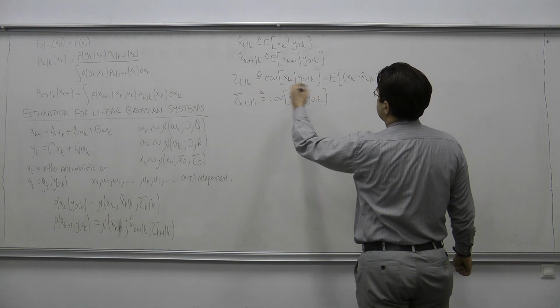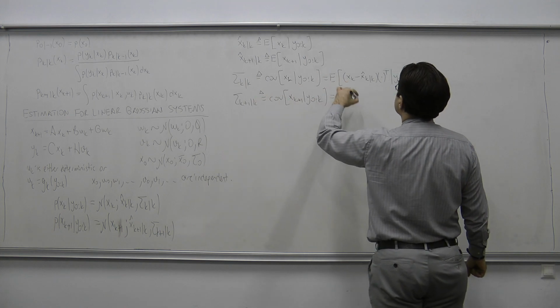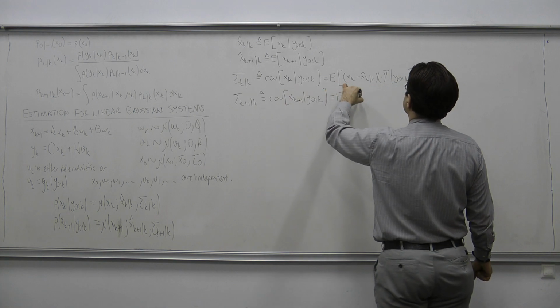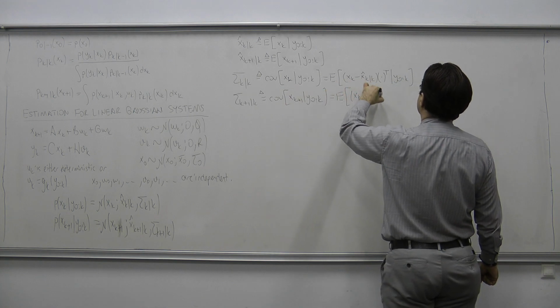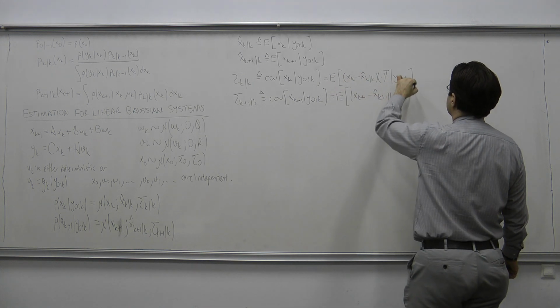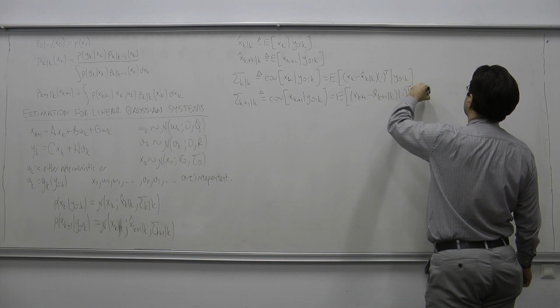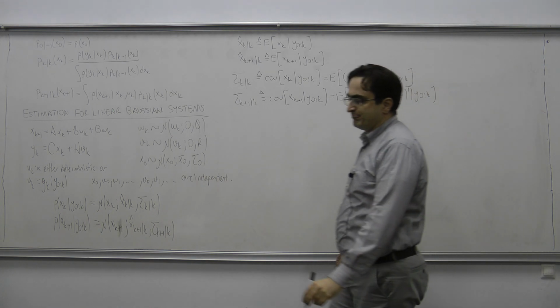This is a definition of this sigma k given k in terms of the expected values. And I would have here xk plus 1 minus x at k plus 1 given k, and the same thing transposed here. And of course, I have the given condition, y0k. Okay?